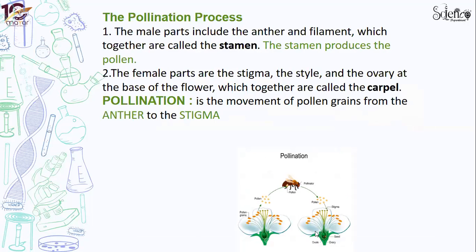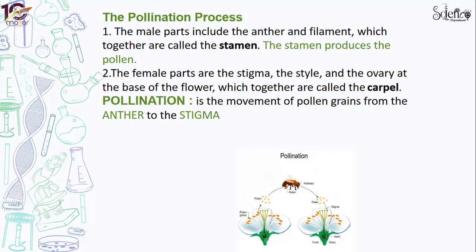Now, pollination can happen at the same flower from the same male to the same female, or it can be from a certain flower to another. So both can happen. So pollination is when the pollen grains that are produced in the male move from the male to the female. Okay?